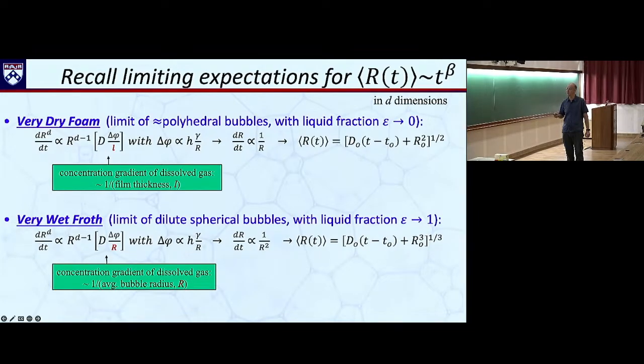The diffusive flux is set by pressure differences and how that changes the gas concentration between neighboring bubbles, delta phi, and the separation, the distance across which the gas diffuses, which is the film thickness in the dry case, and a length scale given by the bubble size in the very dilute froth limit, where a bubble is separated very, very far from all its neighbors, and you're just solving the diffusion equation for a single sphere in an infinite sea of liquid.